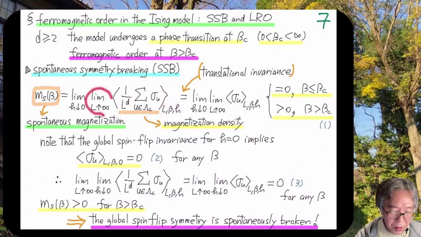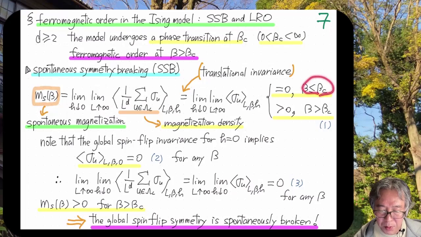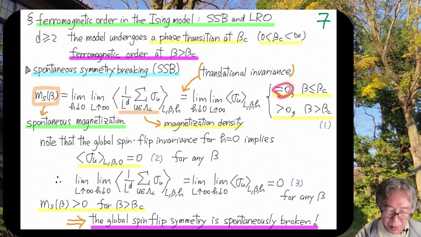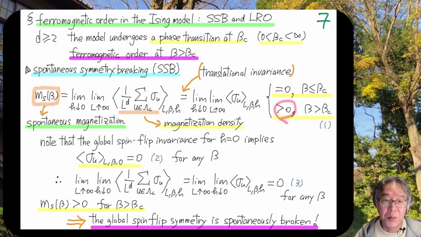Then you take the limit in which L goes to infinity, the infinite volume limit, and after that you let h go to 0. It is known that when beta is less than or equal to beta c, so in the high temperature region, this is 0. And in the low temperature region, this spontaneous magnetization is strictly positive.